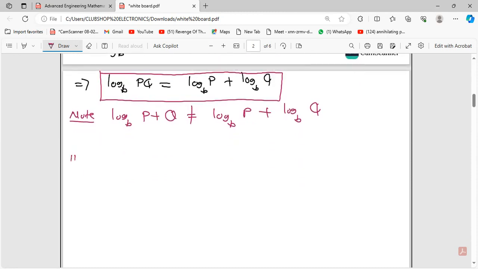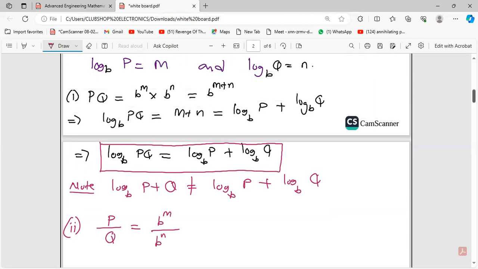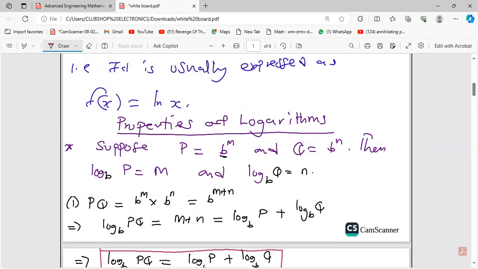Number two, if I divide P by Q, this will give me B to the power M divided by B to the power N. Where are we getting this? From here.